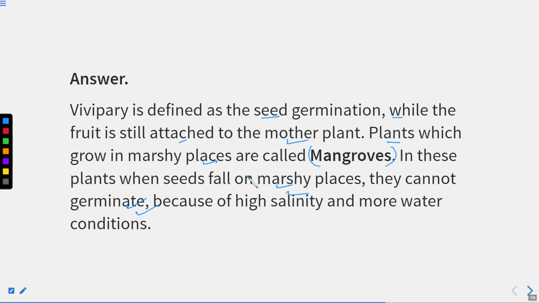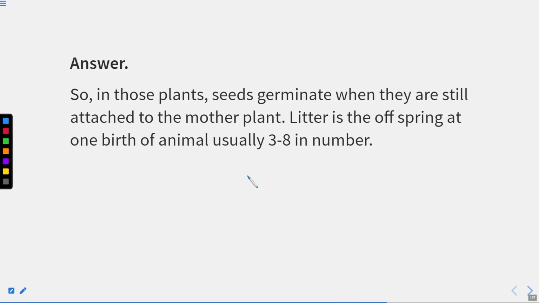Okay, this is clear. So in these plants, what happens? Seeds germinate when they are still attached to the mother plant. Okay, so in plants such as mangroves, vivipary is seen, where the seeds germinate while still attached to the mother plant.